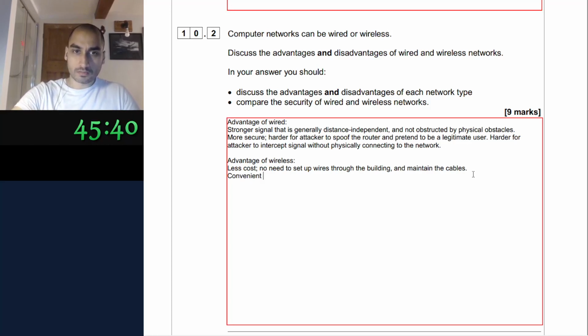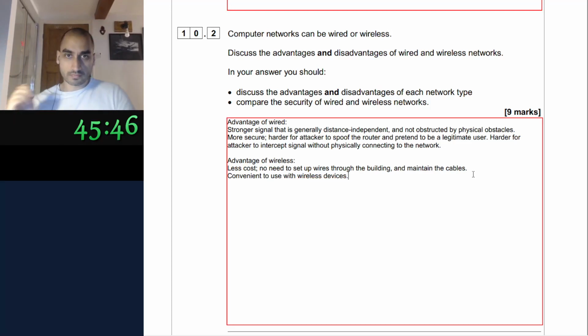Convenient to use with wireless devices. That's an obvious one. I basically said like 4 to 5 points here. How am I supposed to get 9 points? Advantage of wireless. Less cost, no need to set up wires through the building and maintain cables. Convenient to use with wireless devices.